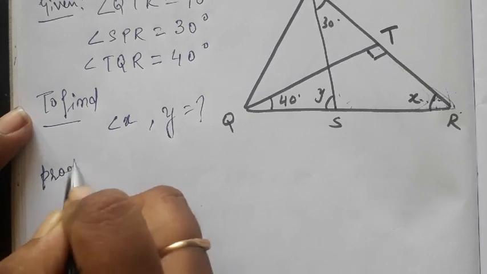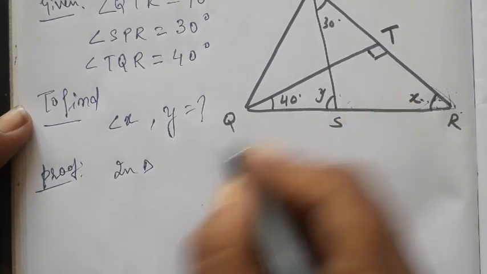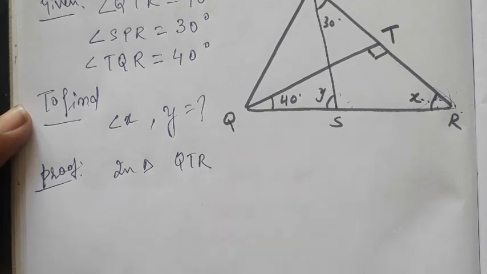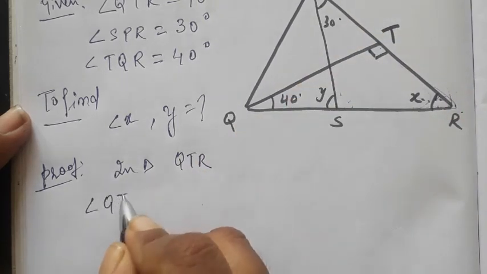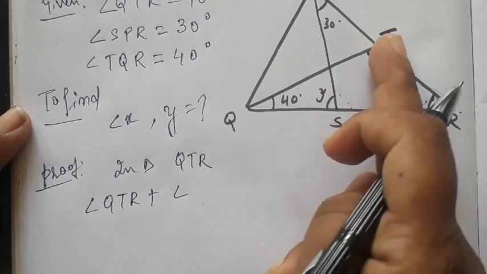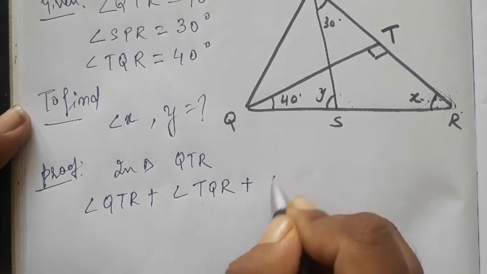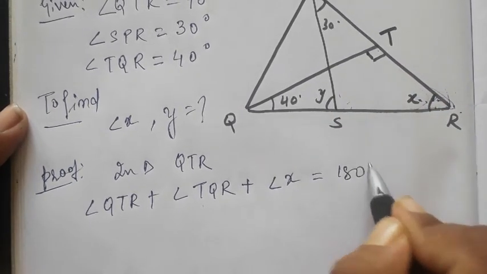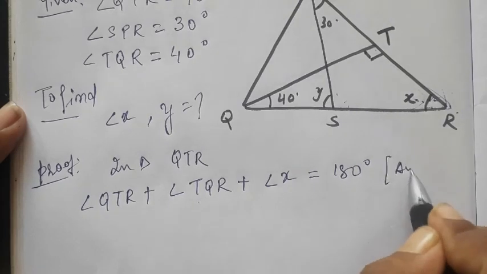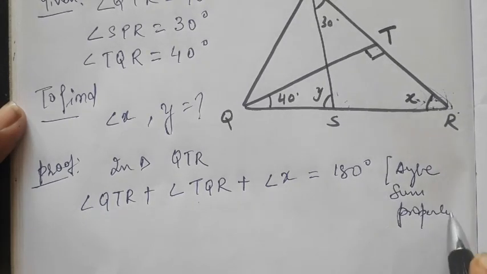Our solution part, write: in triangle QTR, angle QTR plus angle TQR plus x is 180 degrees, by the angle sum property.